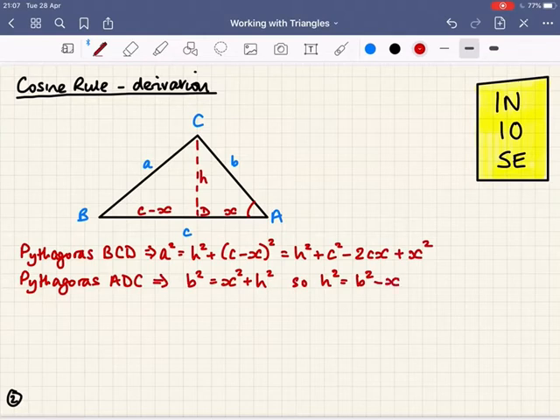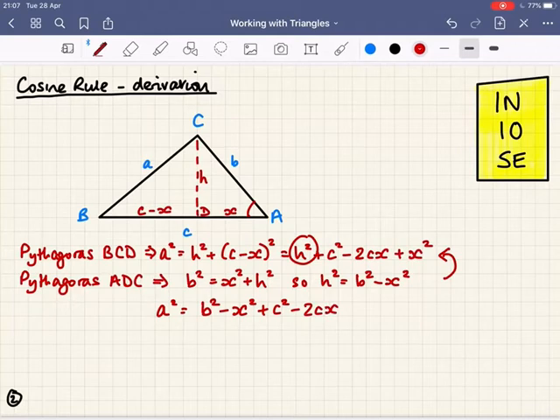And I'm now going to substitute that back into this first expression to get a squared equals, well, h squared is b squared minus x squared. So I'm replacing the h squared here with b squared minus x squared plus c squared minus 2cx plus x squared.